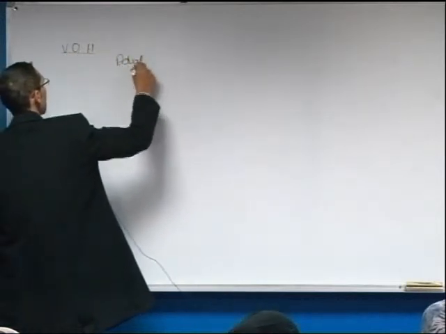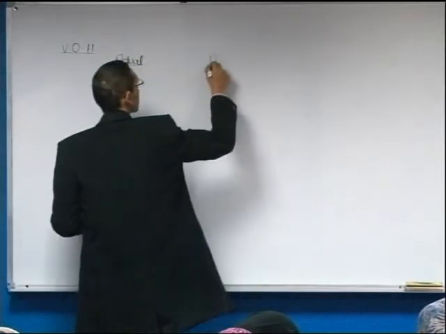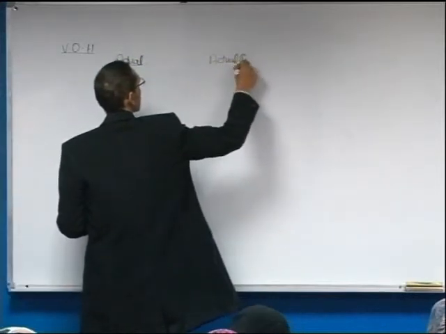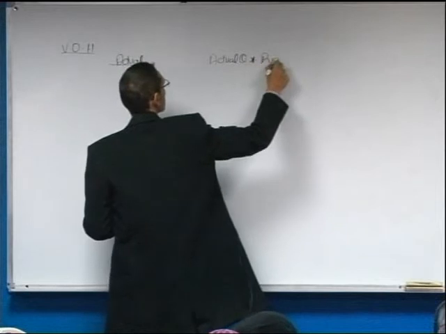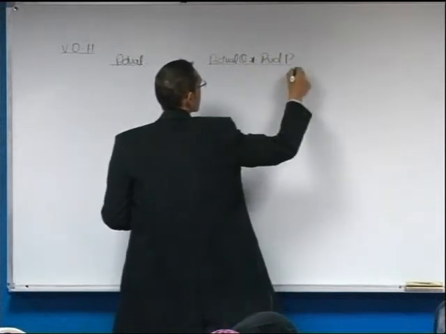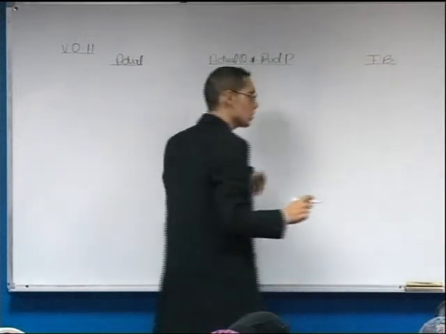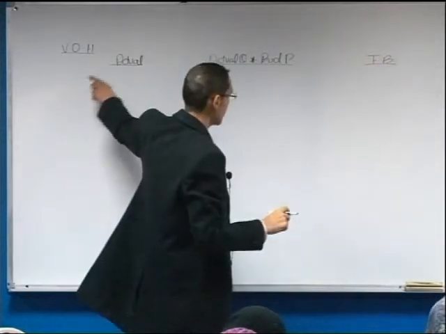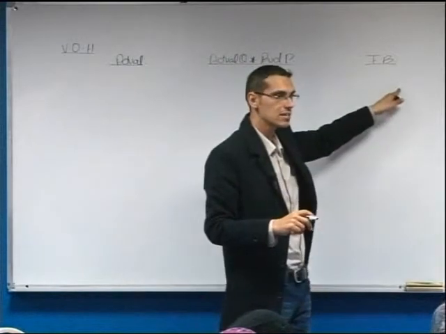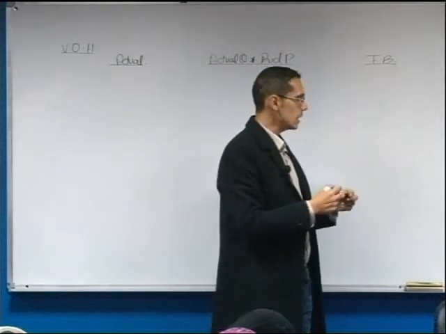Let us start with the actual, then the actual quantity multiplied by the budgeted price, and then the flexible budget amount. And of course, the allocated variable manufacturing overhead would equal the flexible budget.